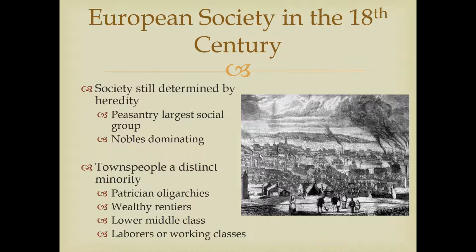But economically, and even racially and nationally, it's not going to be very diverse. It's just going to be a lot of poor people being packed into the cities. So European society begins to change a little bit in the 1700s, but it's not going to be as big a sea change as you're going to see later on in the Industrial Revolution.